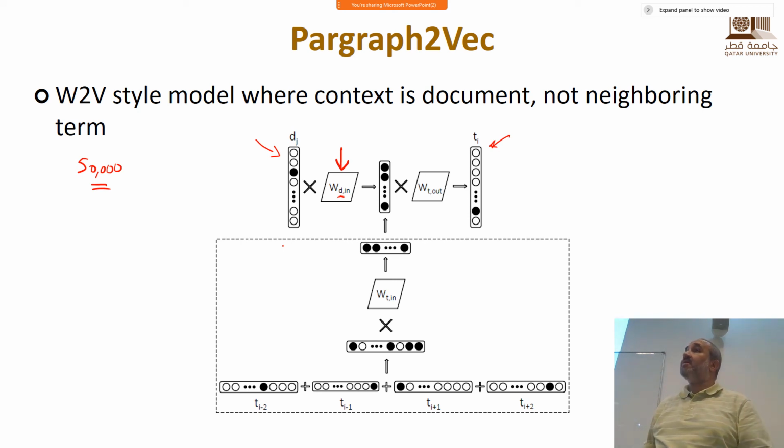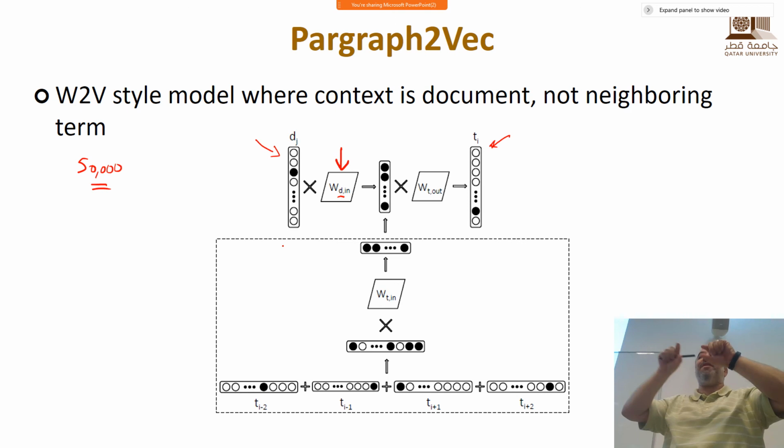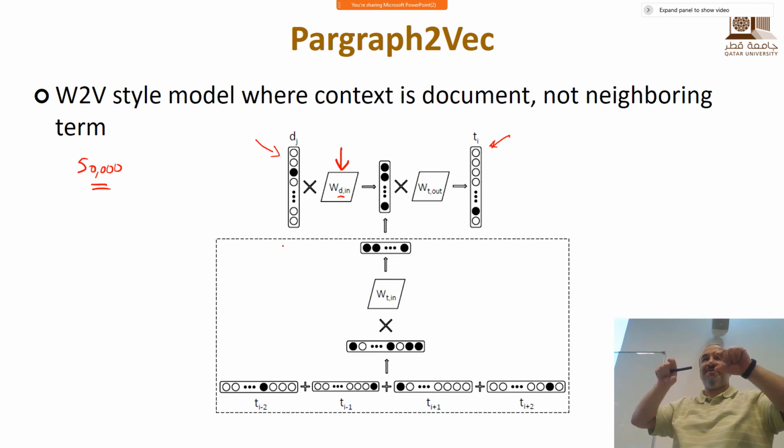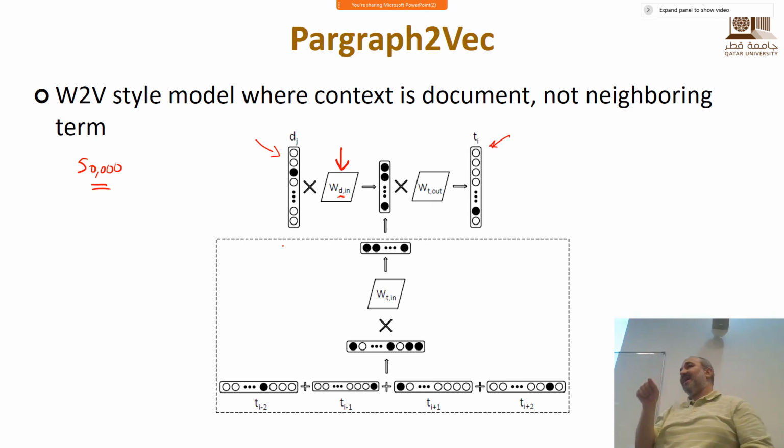You can use this method and represent each paragraph. You can separate the paragraphs and consider them different documents. But in this case, if one document has 3 paragraphs, you will have embeddings for each of them. Maybe you can then average them. We can do so many tricks with this.